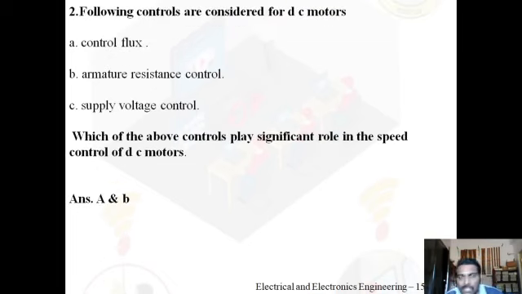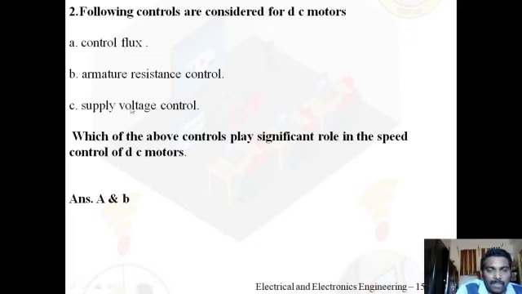Following controls are considered for DC motors: controlling the flux, armature resistance control, and supply voltage control. Which of the above controls play a significant role in the speed control of DC motors? If you observe, one is controlling the flux, that is the flux control method or field control method.